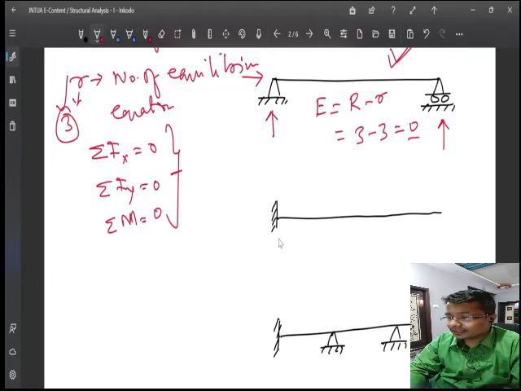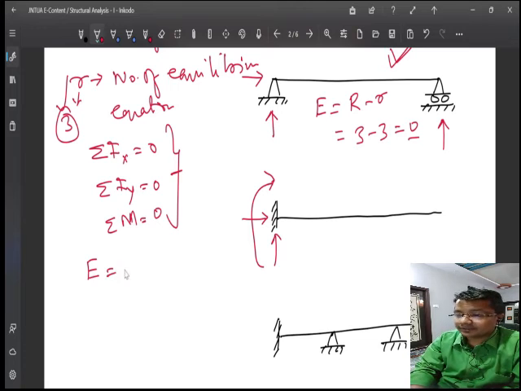Here, as this is a cantilever beam and it has one fixed support, due to that fixed support I will have a vertical reaction here, a horizontal reaction here, and a moment over here. So similarly, E equals capital R minus small r.